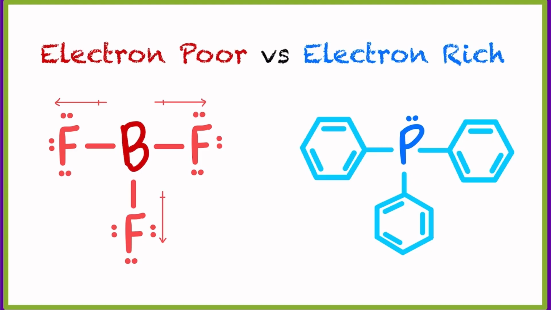On the left here, not only are the fluorines pulling electron density away from boron, but boron also does not have a full octet, so it is very willing to accept electrons. Some atoms are electron-rich because they have lone pairs or negative charges, indicating a surplus of electrons. On the right here, phosphorus has a lone pair of electrons sitting on its head, so it definitely has electrons to donate.